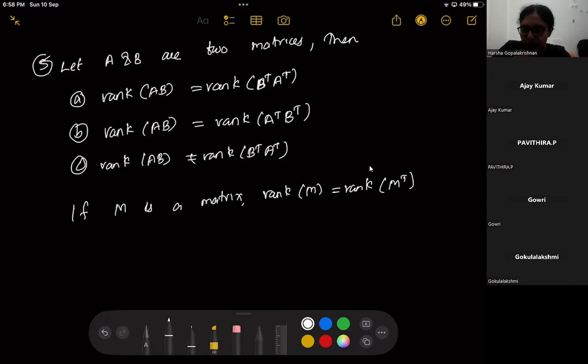Rank of M and rank of M transpose are equal. Okay, someone is saying option A is correct. Okay, it is the correct answer. Just because for any matrix M, rank of M and rank of M transpose will be equal.